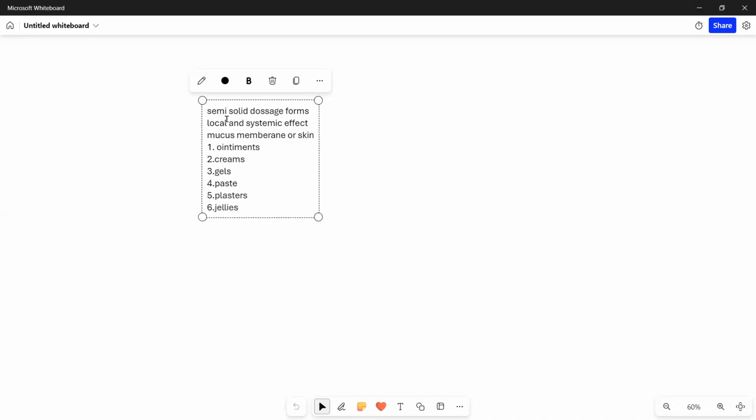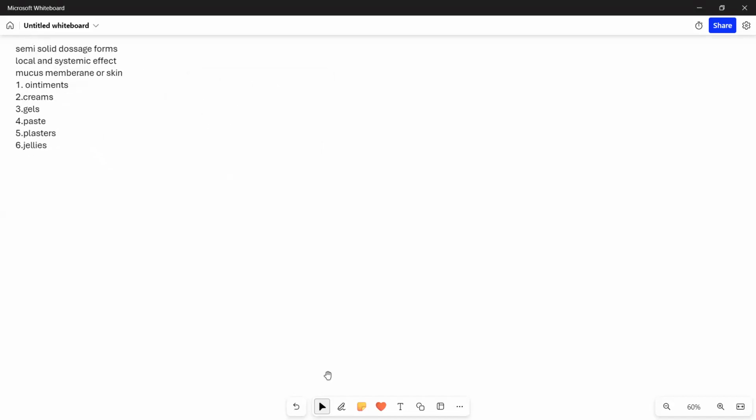These are the different semi-solid dosage forms which you have to remember. Lotions and liniments come more under liquid dosage forms, because lotions generally have very low viscosity.